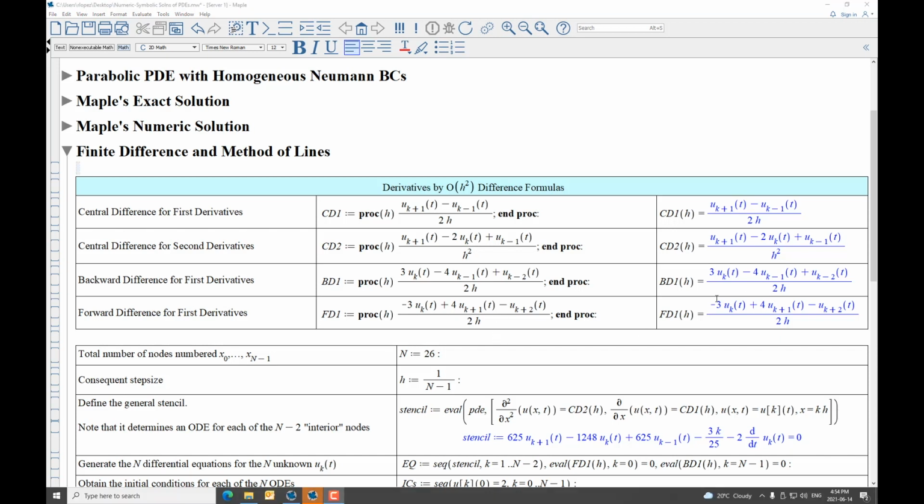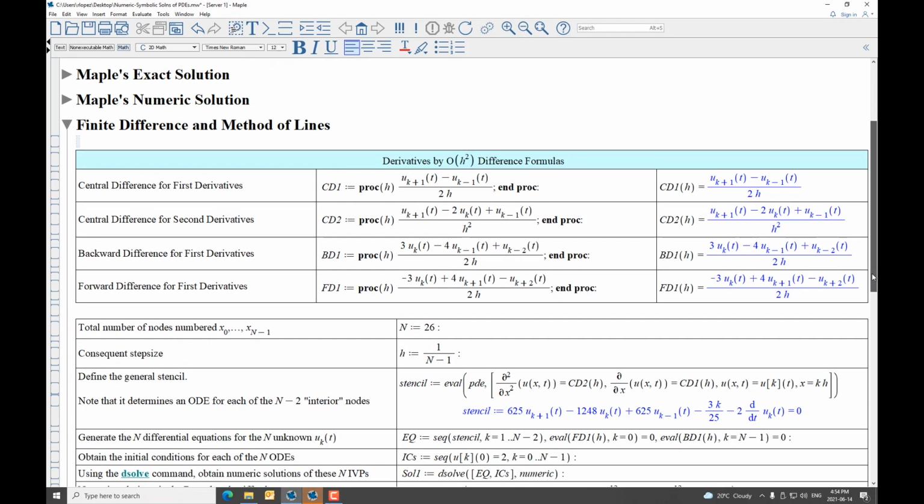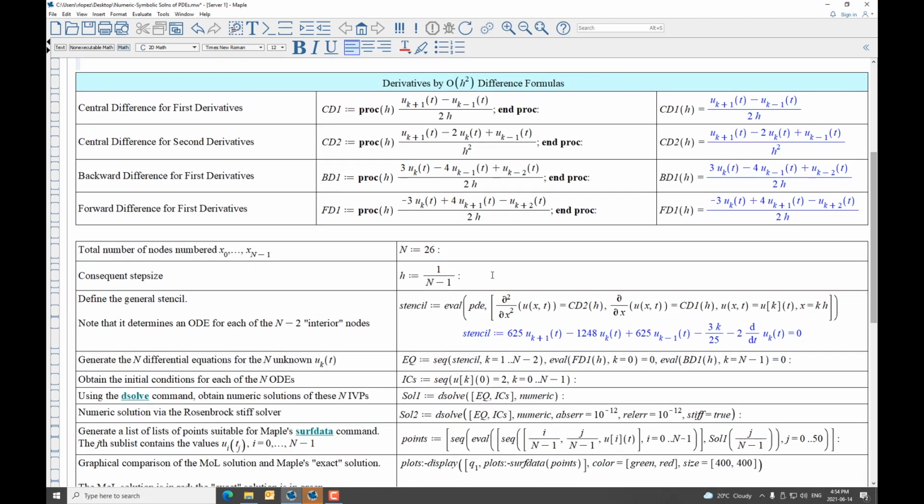So now we implement this finite difference solution, and I'll show you where the method of lines comes in. First of all, discretize the spatial axis. We pick x0 on the left up to x25 on the right.